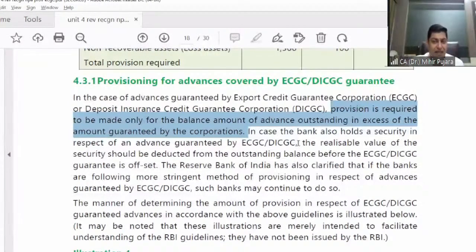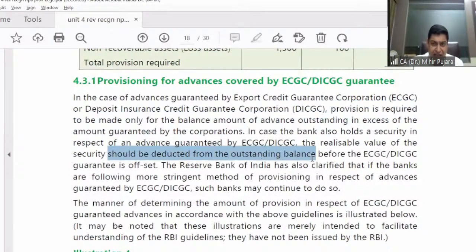If the bank also holds security in respect of such advances, the realizable value of security should be deducted from the outstanding balance before the ECGC or government set-off. In short, outstanding balance minus security available with the bank minus guarantee by the corporation, and the remaining is unsecured, and accordingly we create the provision.